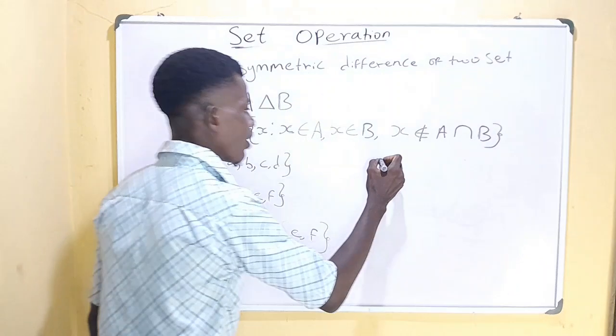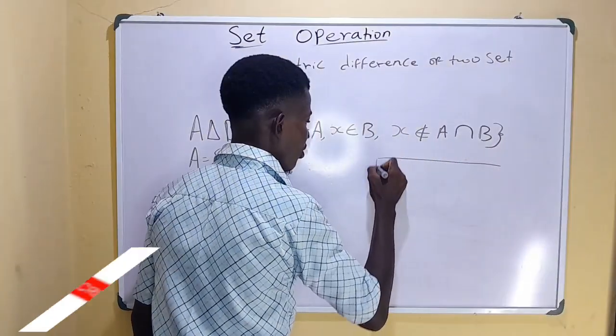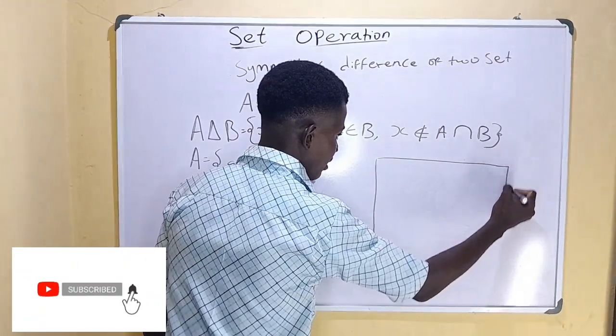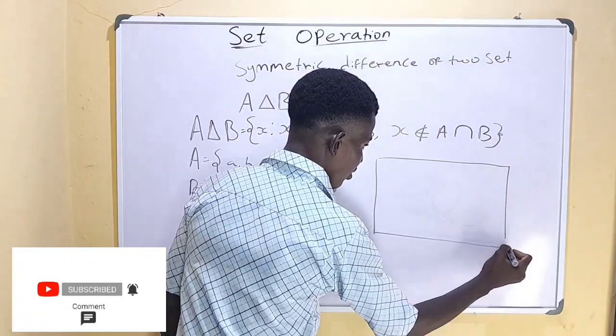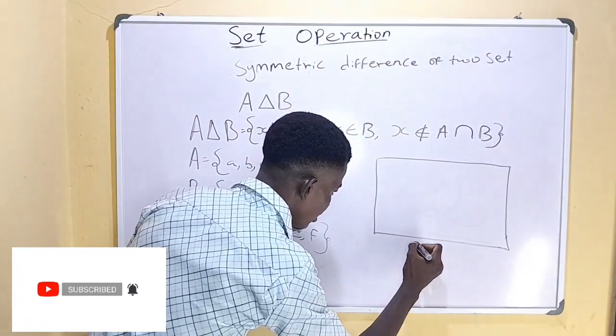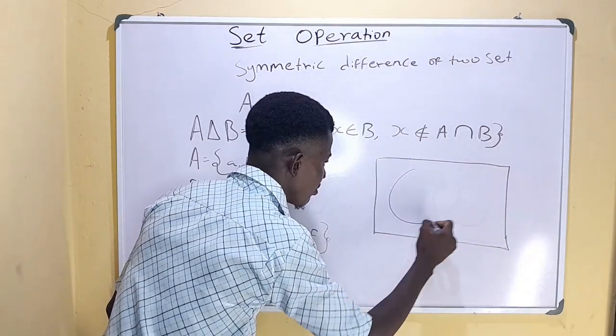Now we can draw a Venn diagram for the symmetric difference.